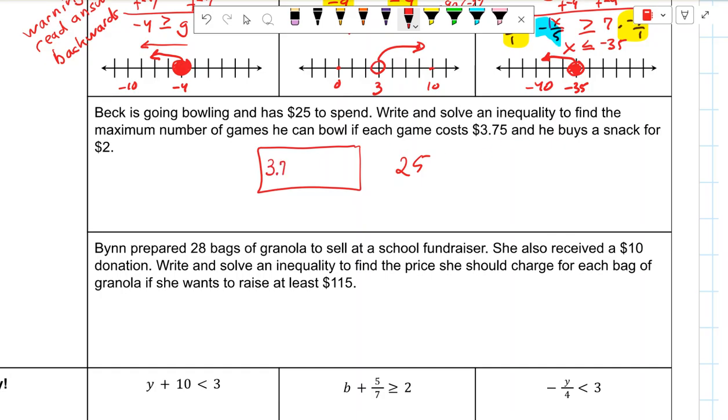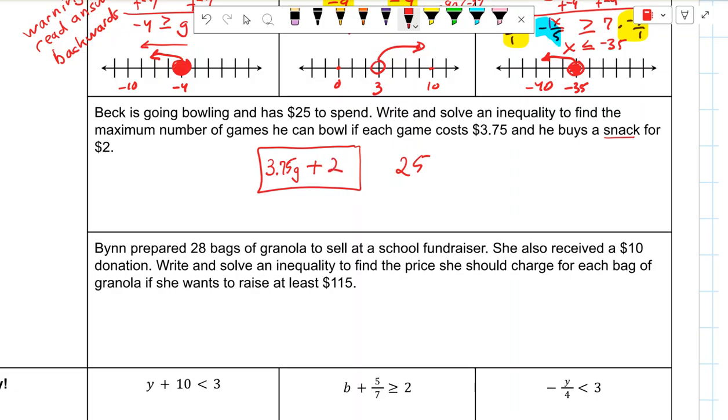So each game is $3.75, and that's per game. So we're going to use G as our variable for how many games he gets to bowl. But Beck also buys a snack for $2. So we have to add that in to the amount that he's spending.